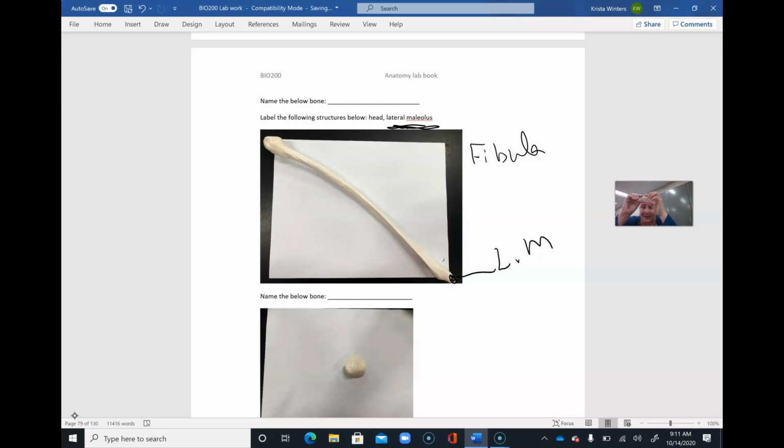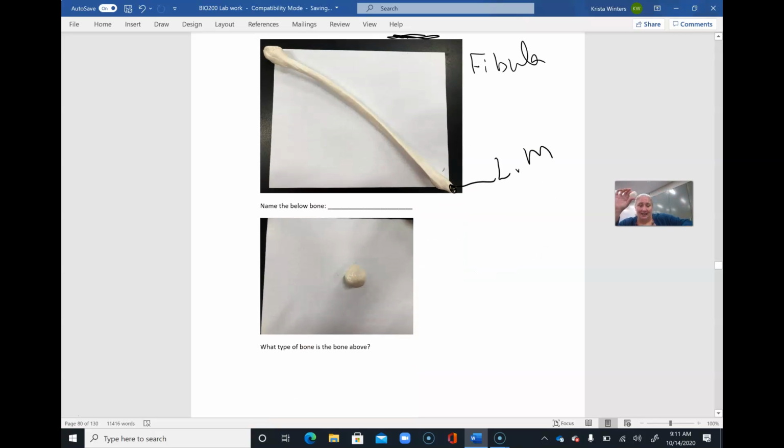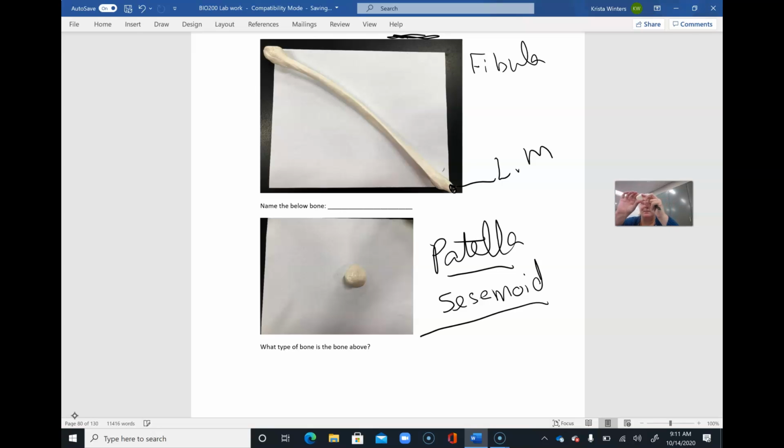The next bone is this cute little bone here. This is called the patella. The patella is known as a sesamoid bone. A sesamoid bone is a special type of bone that forms in areas where there is a lot of friction.